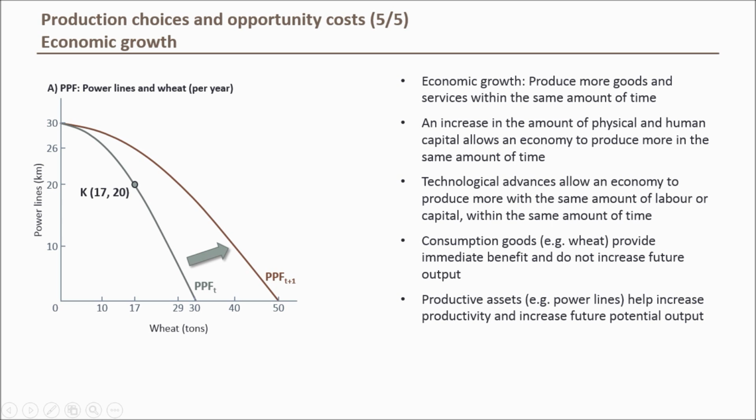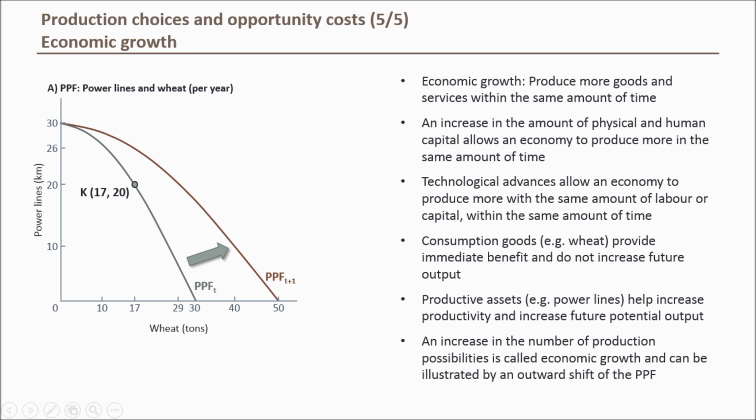This relative increase in productivity can be seen by looking at the maximum output levels for each good. If all productive resources are used in the production of wheat, our simple economy can produce 50 tons of wheat, which is 20 more tons than what was possible using old crop yield technology. But the maximum amount of power lines that can be produced stays the same at 30 kilometers. If the economy experienced an improvement in the technology used to produce power lines, we would see an increase in the maximum amount of power lines that can be produced and no increase in the amount of wheat.